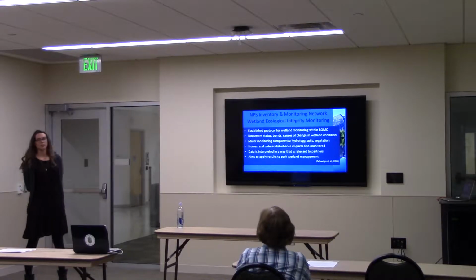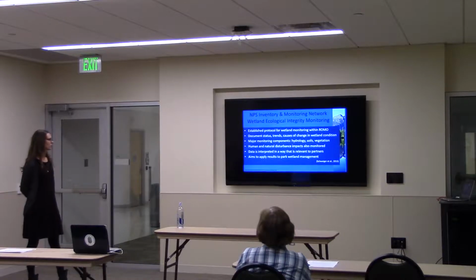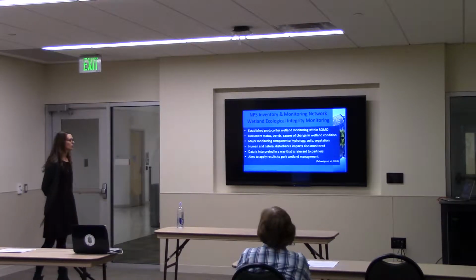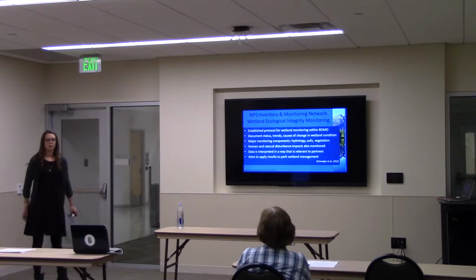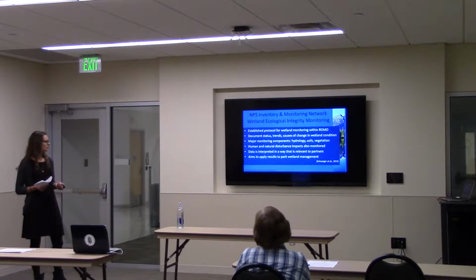Their major components that they're looking at are hydrology, soils, and vegetation. They're also taking human and natural disturbance impacts into account. And again, this data is interpreted in a way that's very relevant to partners, and they aim to be able to apply it in a very on-the-ground way where management can apply these results to their monitoring programs.